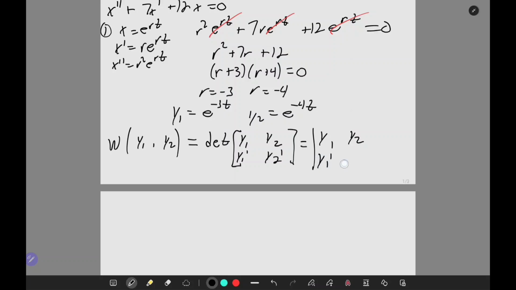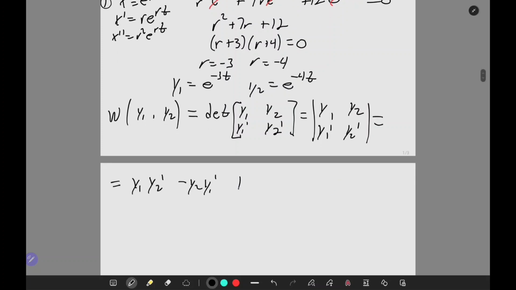If we were to do the determinant, you do this row first, and then this one. It starts with y1 times y2, you multiply them, and then you subtract this one, y2 times y1 prime.